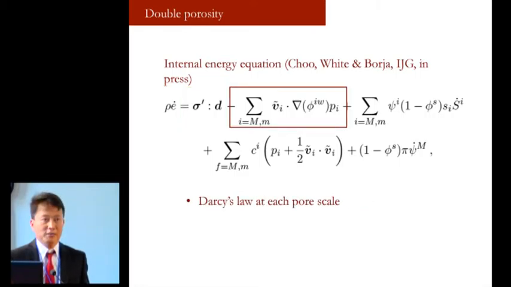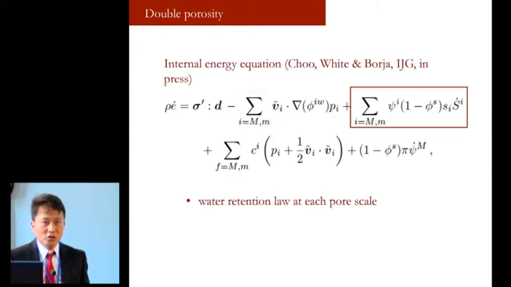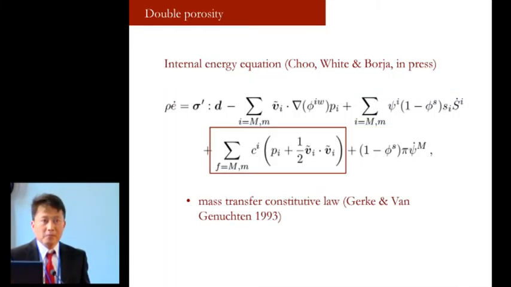This leads us to the definition of effective stress. Now we have Darcy's law taking place at each of the two pore scales, and that is represented by the second term on the right-hand side. The third term here represents the water retention law at each pore scale. We have, in fact, magnified the problem two times as a result of this.